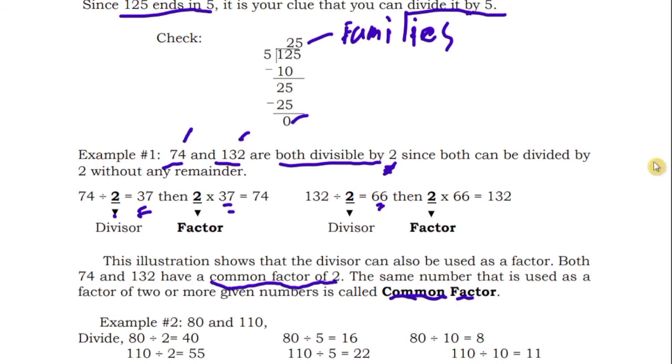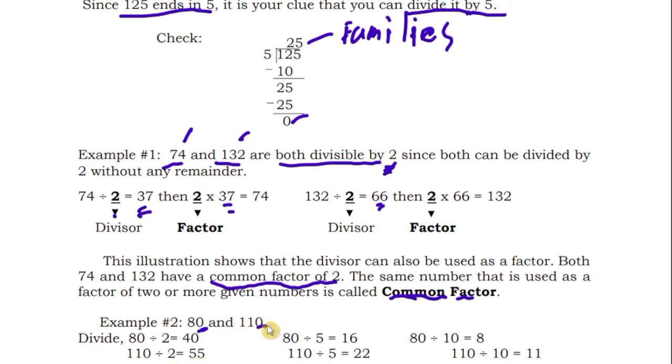In the given 80 and 110, we are going to identify further. A certain number that ends with 0 is understood to be divisible by 2. So 80 divided by 2 is 40, while 110 divided by 2 is 55.